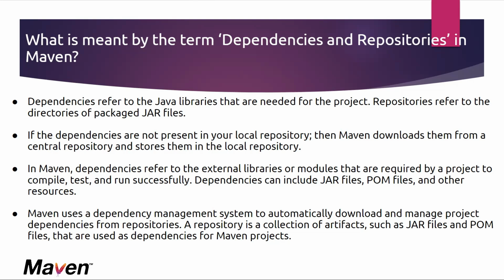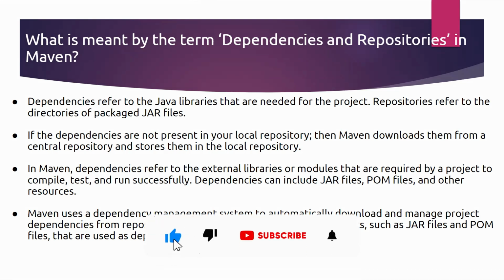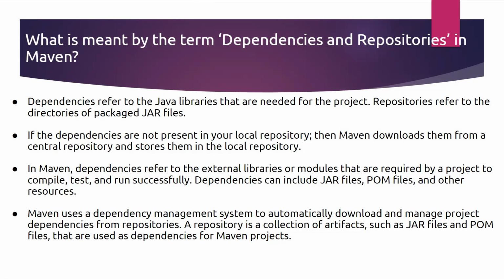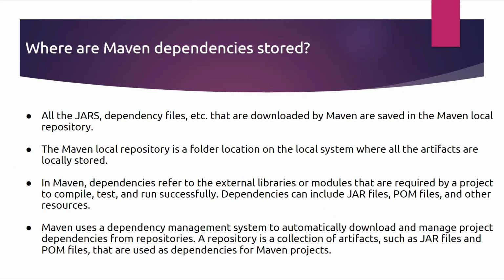If dependencies are not present in the local repository, then Maven downloads them from the central repositories and stores them in the local repository. In Maven, dependencies refer to external libraries or modules that are required for a project, and dependencies can include jar files, POM files, and other resources. When it talks about the repository, it's a collection of artifacts such as jar files and POM files that are used as dependencies for Maven projects. So these two play different roles in their execution.